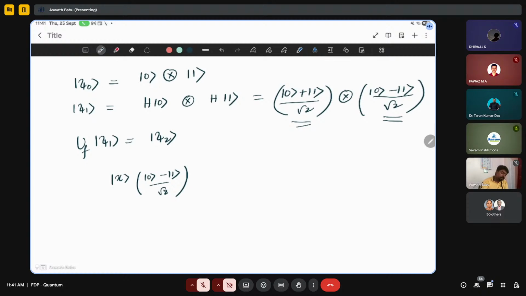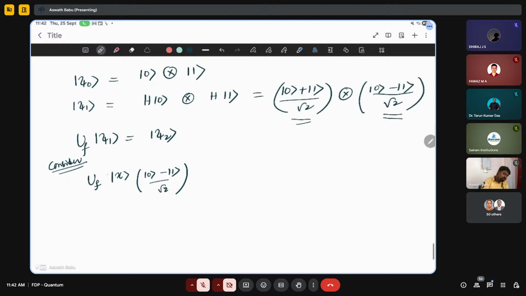This is what I say. Let's consider the unitary action on this situation. Why do I want to know where x could be 0 or 1? In that case I want to find out.